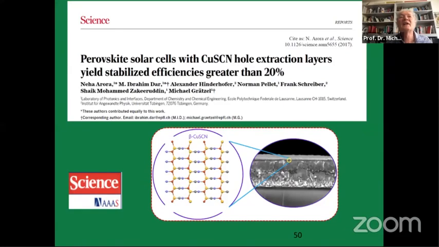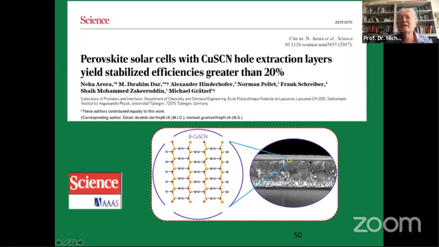Here we have a promising experiment where we replace the spiro organic hole conductor with copper thiocyanate. You can also see the simplicity of the cell structure. This is glass. Here comes the meso TiO2, and then here's the perovskite. So still mesoscopic TiO2 films.